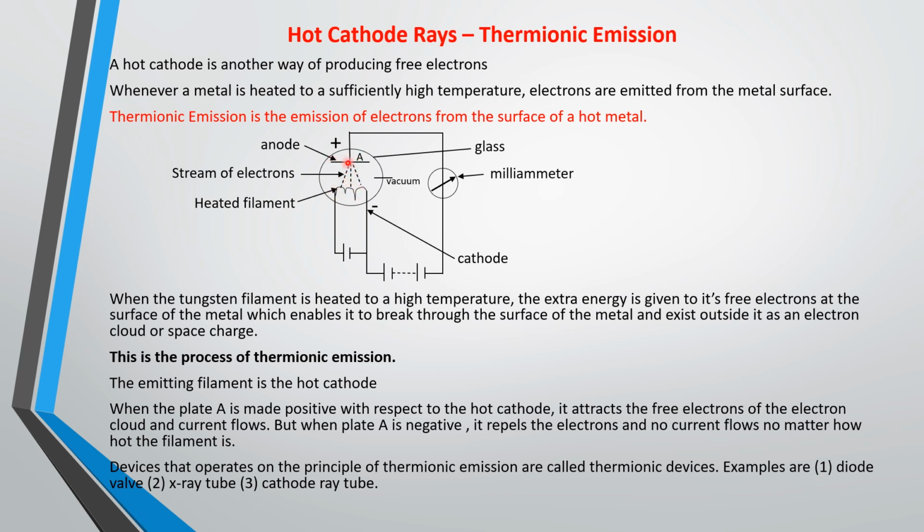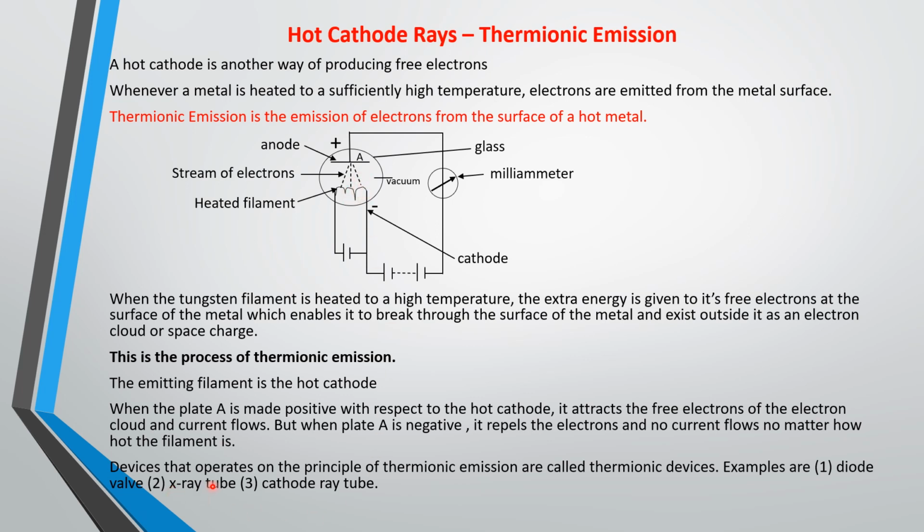But if it is made negative, the electrons will be repelled. No matter how hot the filament is, the electrons will be repelled, because if this is negative and this is negative, they are now like poles, so there will be repulsion. Okay, so this is just how thermionic emission occurs.